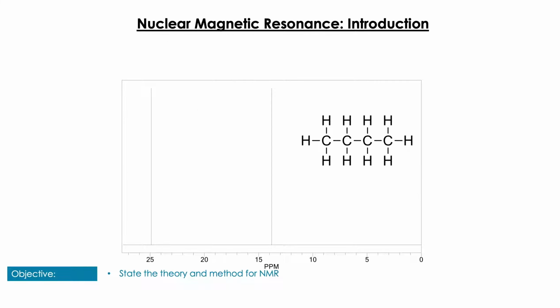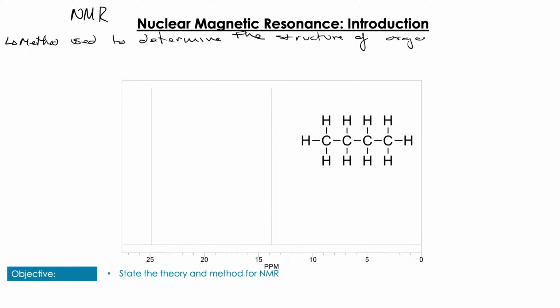atoms. So NMR stands for nuclear magnetic resonance, and this is a method that we can use to determine the structure of organic molecules. It helps us find the different environments of atoms that are in these molecules, and the output is in a graph form, these kind of spectra.